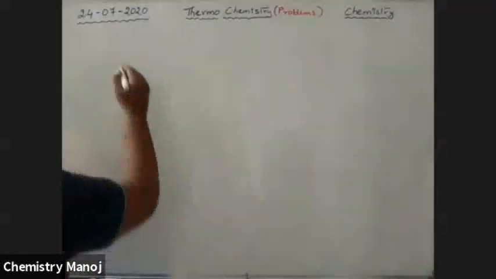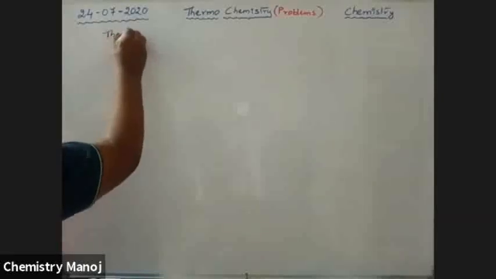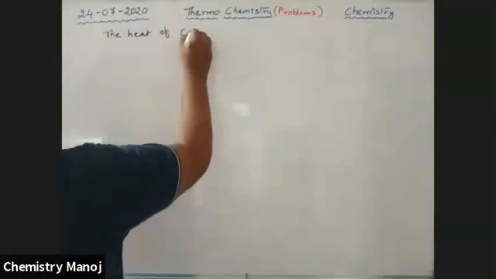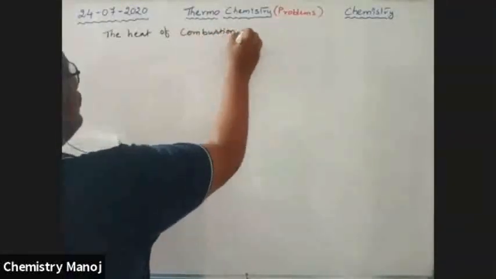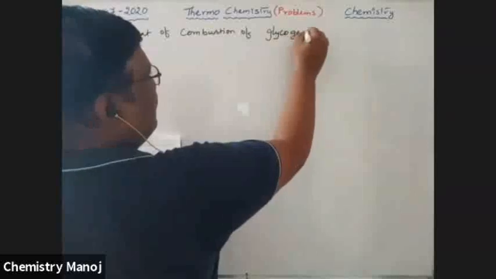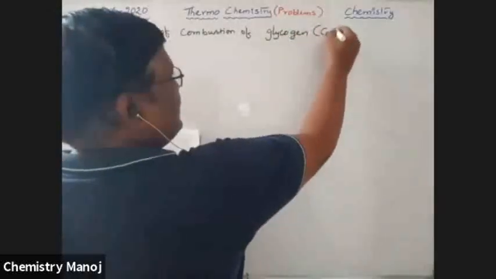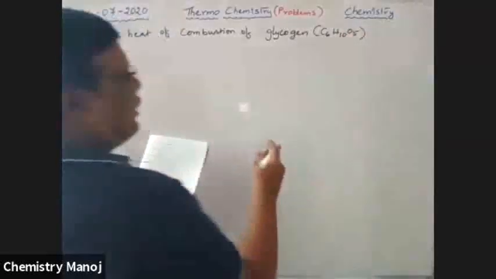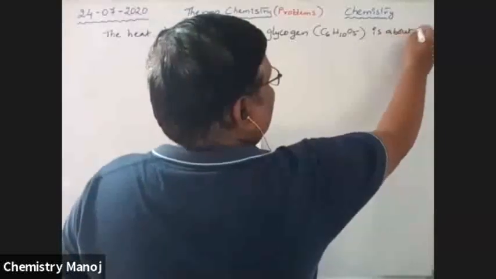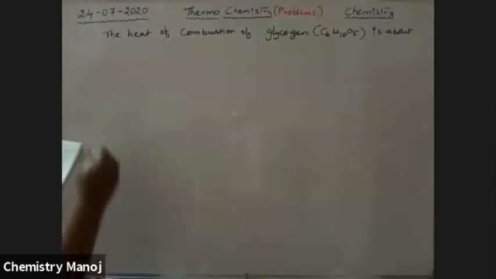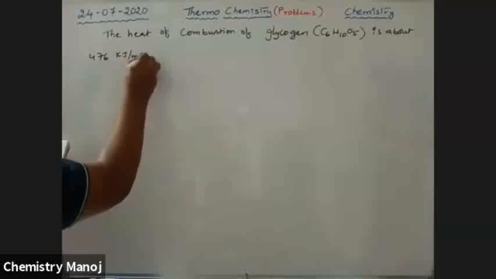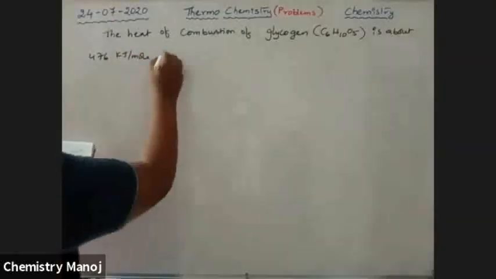Note down the next point. The heat of combustion of glycogen, its formula C6H10O5, is about 476 kilojoule per mole of carbon.